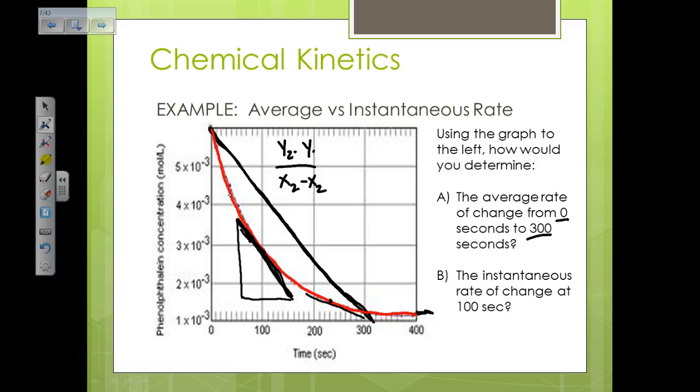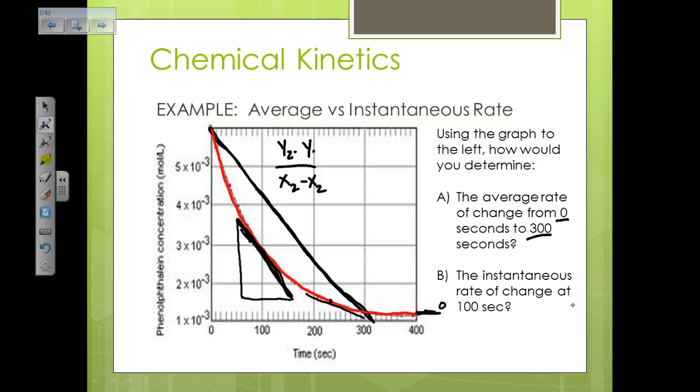So the speed, the rate, decreases throughout the lifetime of the reaction until eventually the rate becomes 0, meaning the reaction isn't going anymore. We're not producing any more reactants or products. And so the instantaneous rate is different than the average rate.